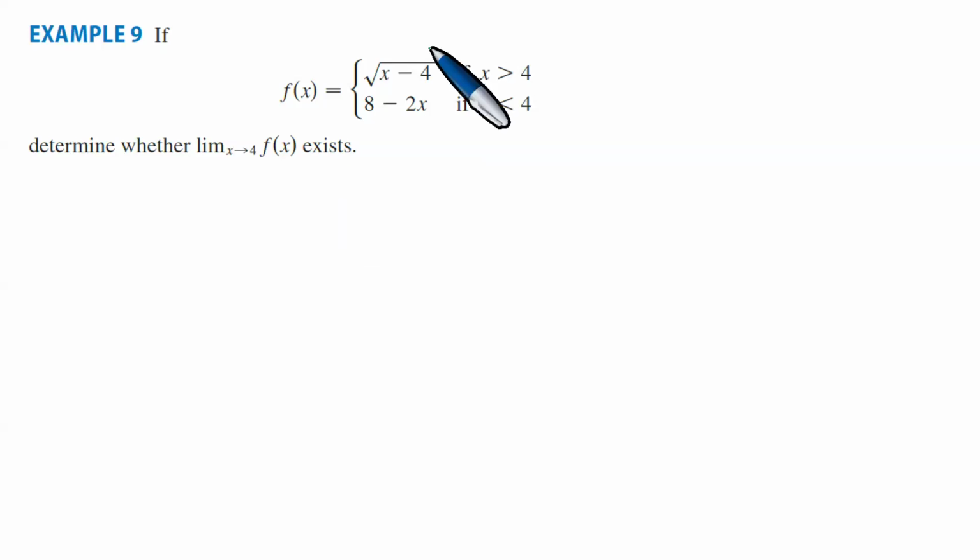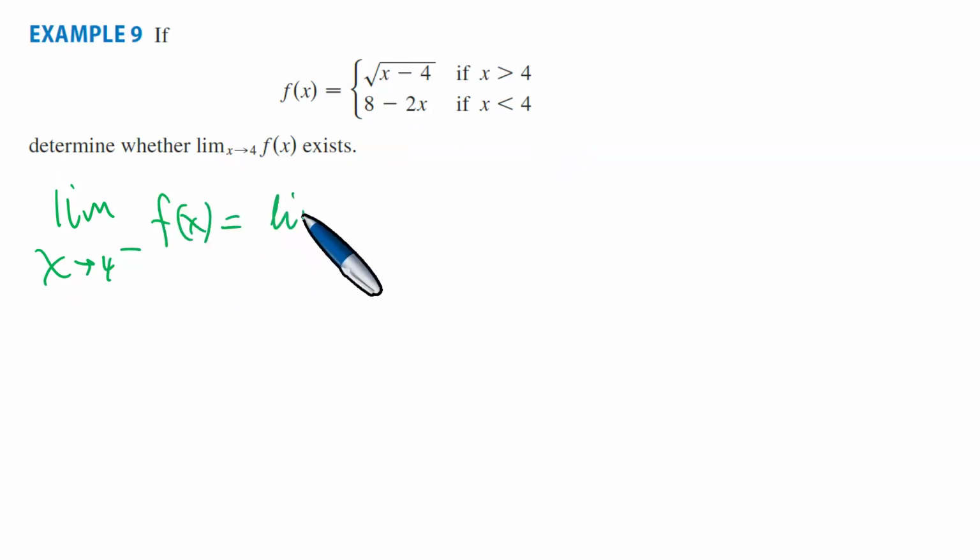If the function f of x is this, determine whether this limit exists. We are going to evaluate the limit as x approaches 4 from the left, when x is less than 4, and the function is 8 minus 2x.